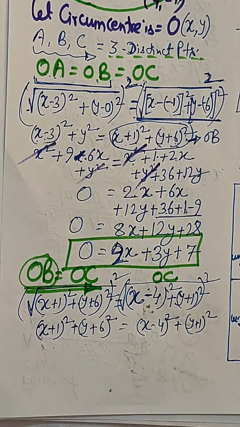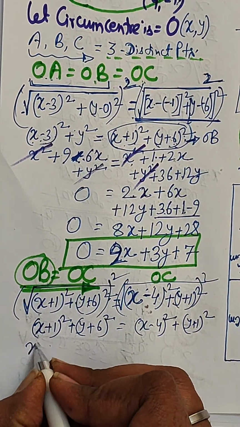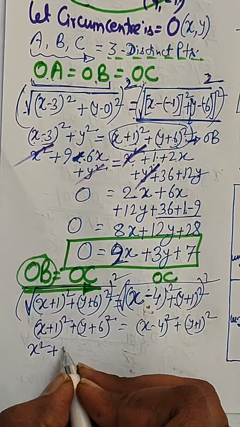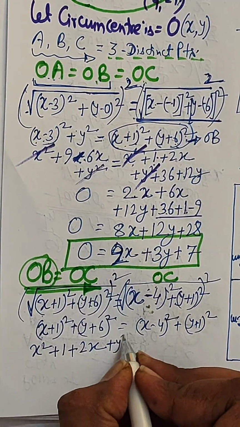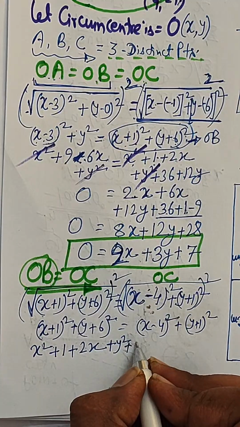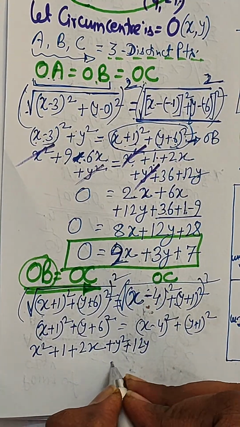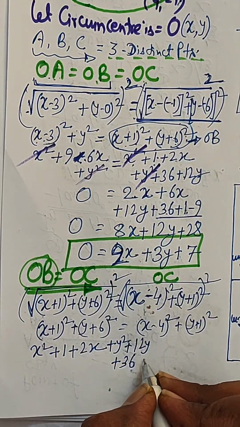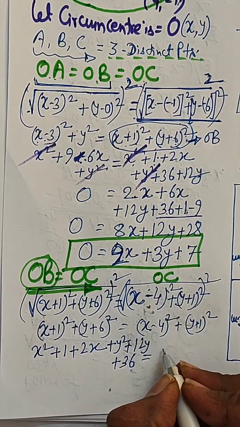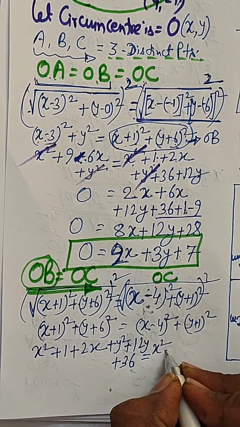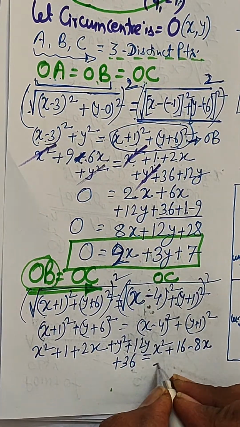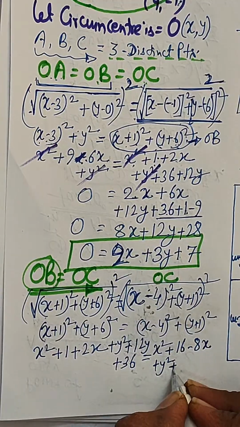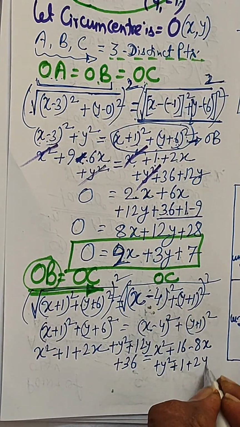When you expand it, it will be x square plus 1 plus 2x plus y square plus 12y plus 36 is equal to, here expand the RHS, x square plus 16 minus 8x plus y square plus 1 plus 2y.